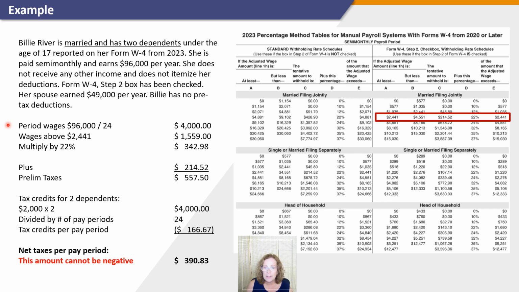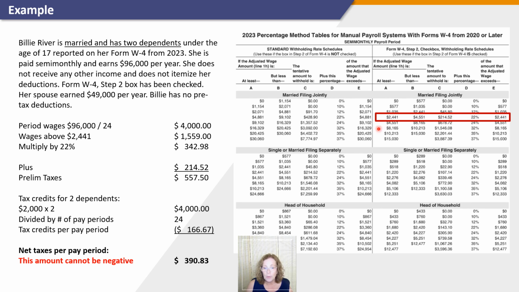We then find the correct section of the percentage method table for a married filing jointly taxpayer who has checkbox 2 checked on the Form W-4. The third row is what we need because it includes wages of $4,000. This row tells us that all taxable wage amounts above $2,441 are taxed at 22% plus an amount of $214.52 for the amounts below $2,441.